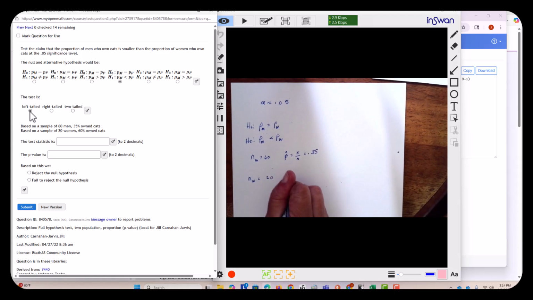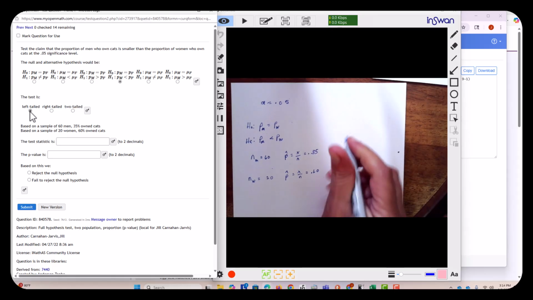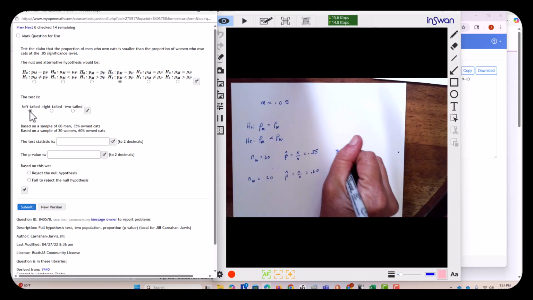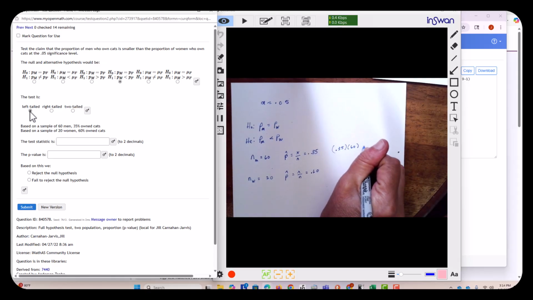We know their P hat is 60%. So basically what we do is take the 0.35, multiply it by the sample size 60. Now here we're going to take the 0.60, multiply it by the sample size 20. We have to get those X values back for the test.